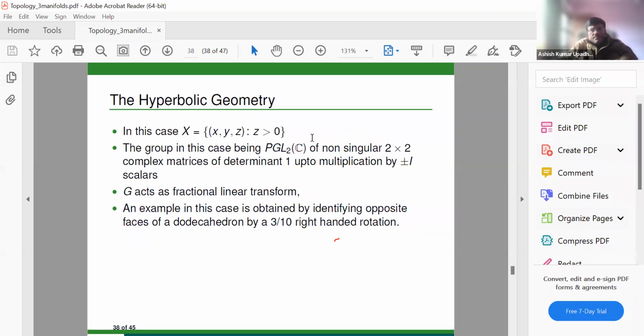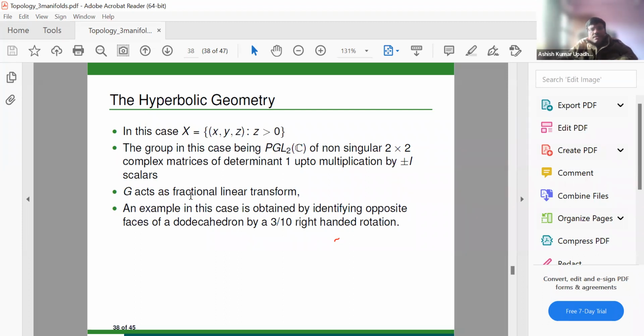The most interesting geometry is the hyperbolic geometry. As in the case of dimension 2, where we had seen the upper half plane, in this case it is the upper half space. So in R3, you take the third coordinate to be greater than 0. That is simply connected and taken as X. In this case, the group we can take is PGL2C, non-singular 2 by 2 complex matrices of determinant 1, up to multiplication by plus or minus scalars.